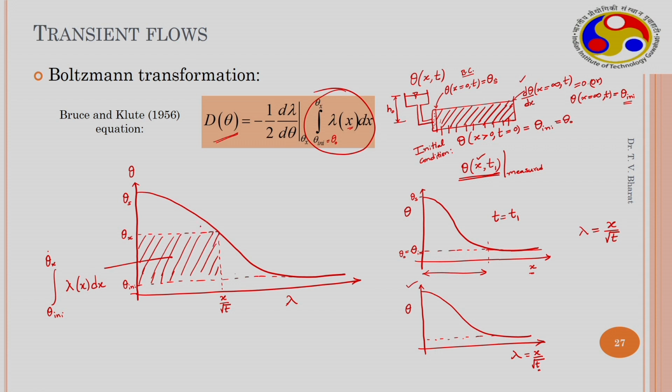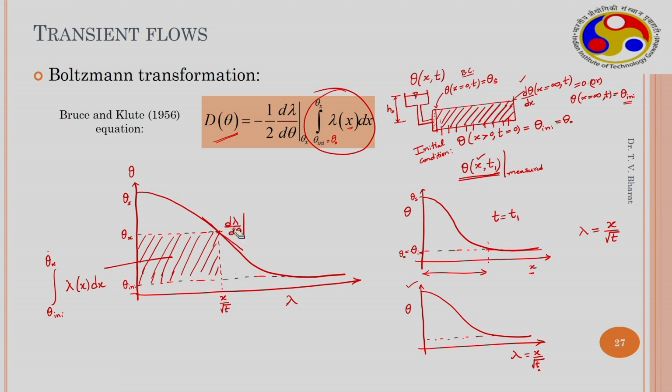You can take discrete points, because data will be available. So, we can take discrete points and we can calculate the area under this particular curve. This hatched portion can be obtained for any given data, and if this is obtained, at this particular point the slope can be obtained, that is d lambda by d theta.